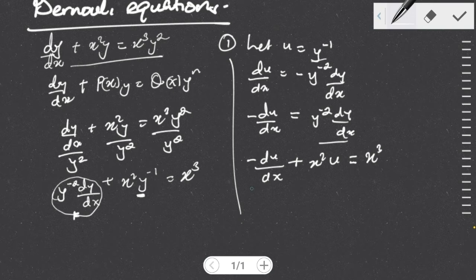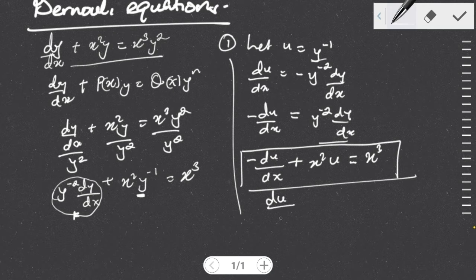If you look at this equation, I can make it a linear differential equation. I divide by the negative, so du/dx minus x squared u equals negative x cubed.